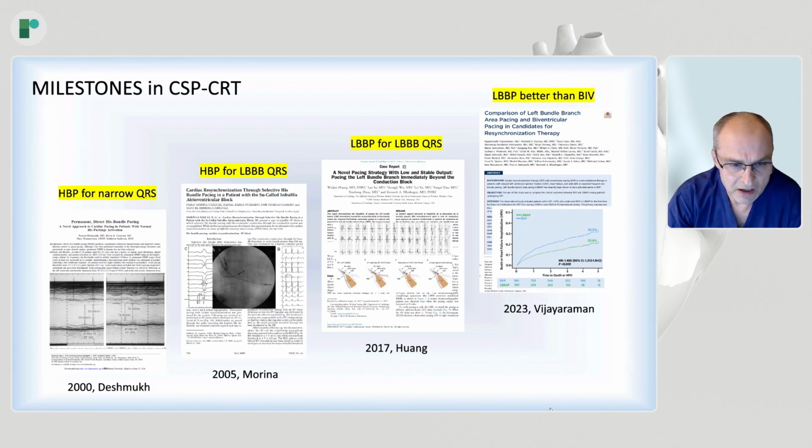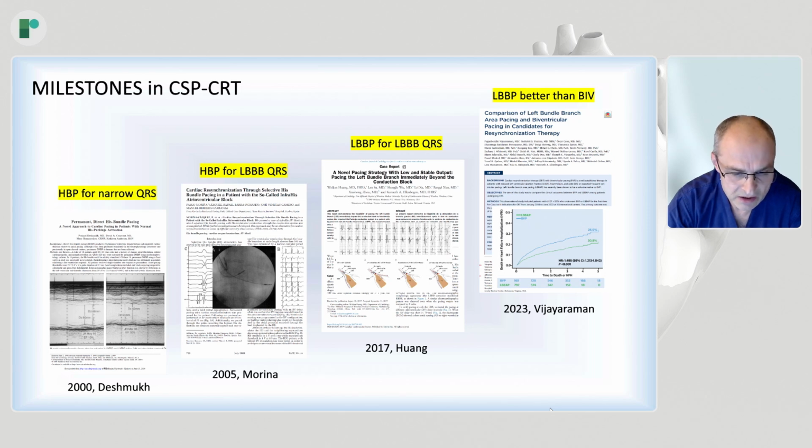If you look at the milestones in conduction system pacing CRT, it already started in 2000 with the paper by Deshmukh as a form of treatment for heart failure. That was his bundle pacing for narrow QRS.